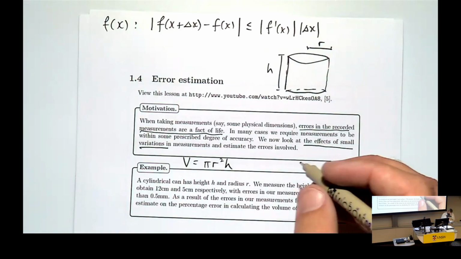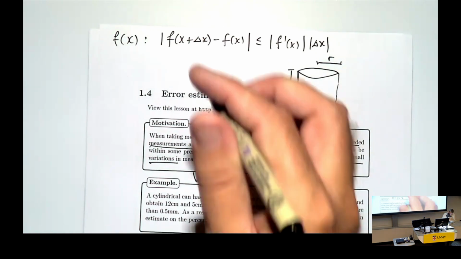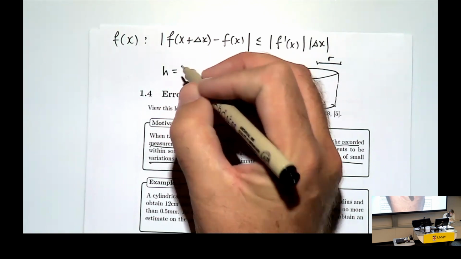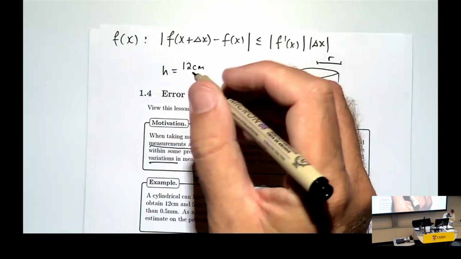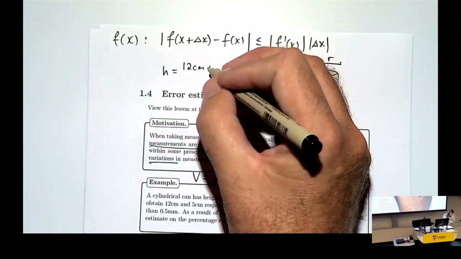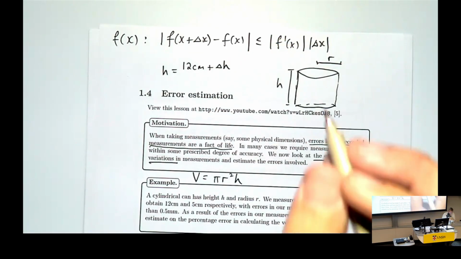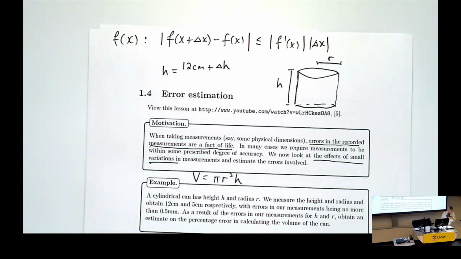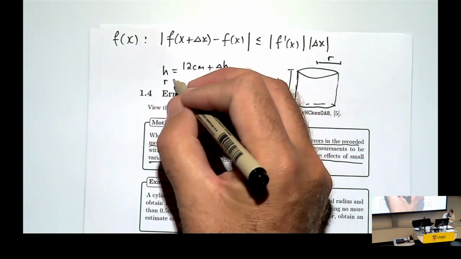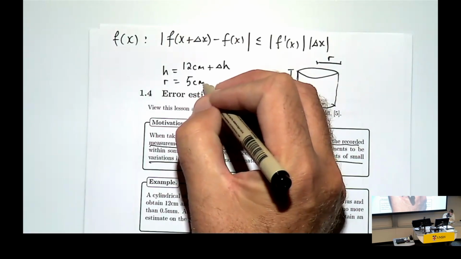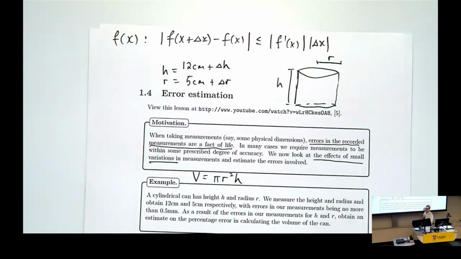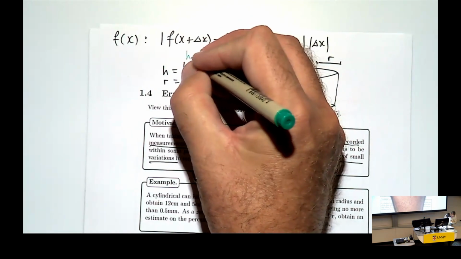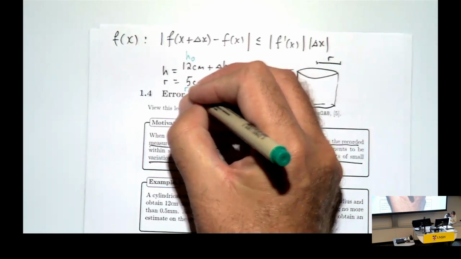Well, we measure our height to be 12 centimetres plus some error, and the radius is going to be 5 centimetres plus some error. So the way I'm going to denote this is h naught, r naught.